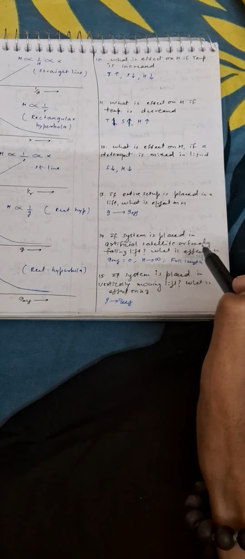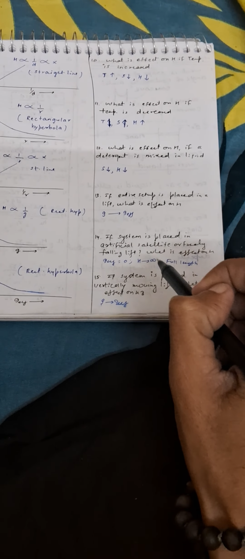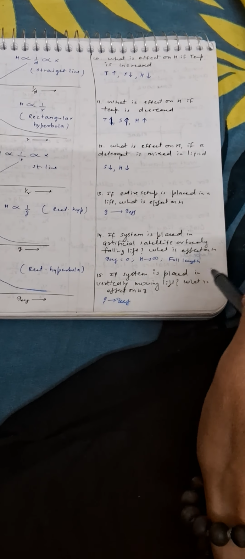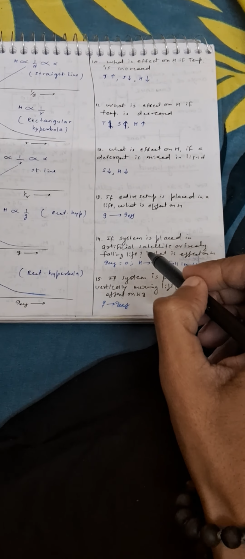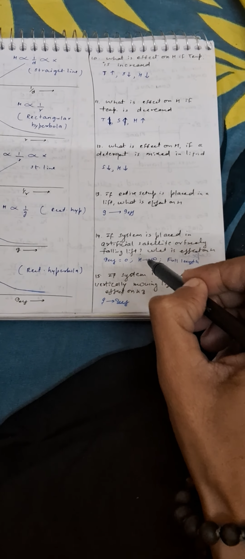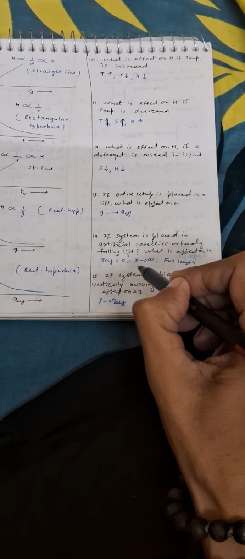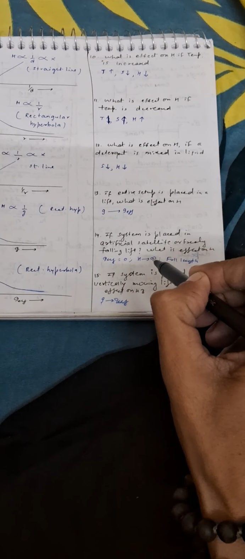Then, if the system is placed in an artificial satellite or freely falling lift, what is the effect on h? For an artificial satellite and freely falling lift, g effective is 0. So height tends to infinity theoretically, but practically it will cover the full length. And next, if the system is placed in a vertically moving lift, what is the effect on h? Just substitute g by g effective to solve further.